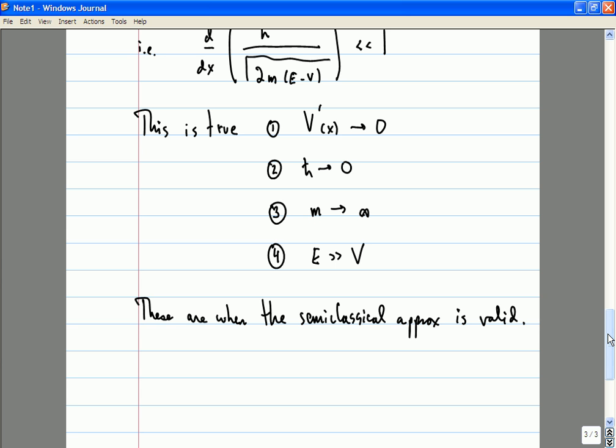Okay. So let me just spend the next few minutes investigating in a bit more detail the implications of the WKB approximation.